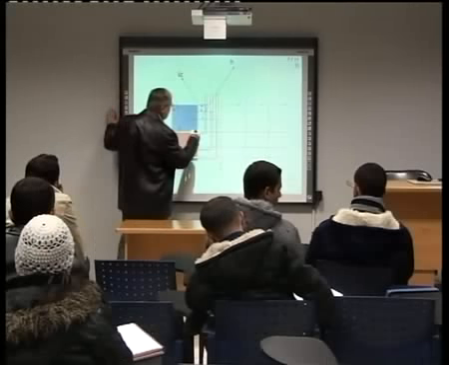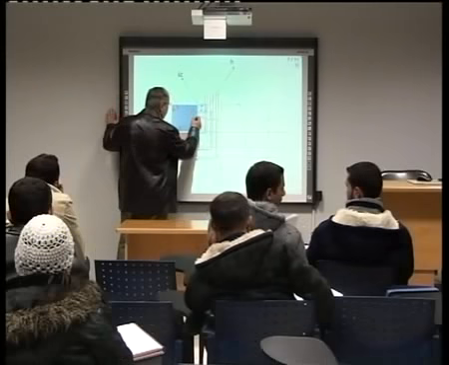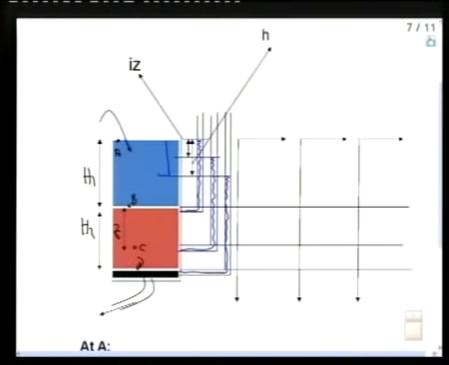Now, suppose this distance, I named it H small. So what is this distance? What is the distance between 0 and H?